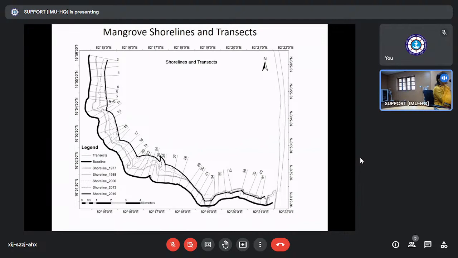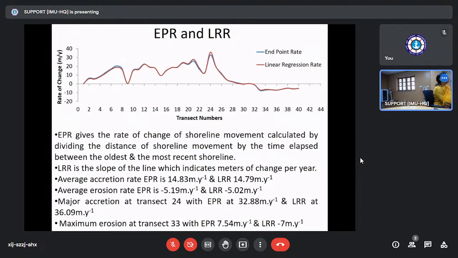These are the transects which have been cast at a distance of 500 meters, and it is showing how much accretion has occurred at the western side of the bay, from transect 2 to 25, 26, and then thereafter at the southern part of the bay towards the eastern side near the shoreline spit, very slight erosion has occurred.